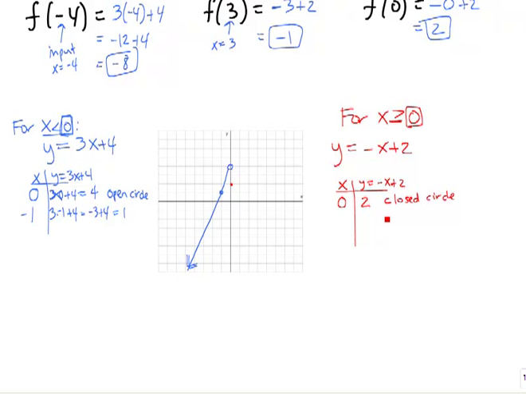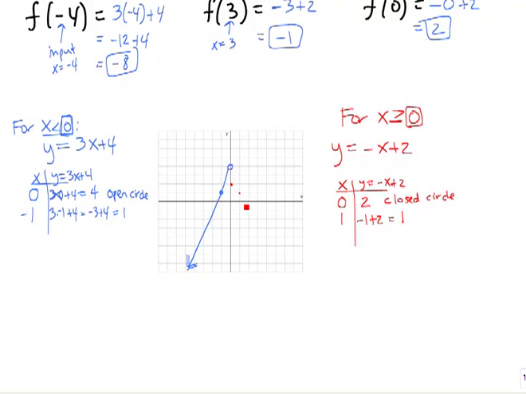Now for a second point, so that I can graph the rest of my line, we want to make sure that in our table we're only picking x's that are greater than or equal to 0. So this time I want to make sure I pick an x that's bigger than 0, like 1. And if we plug in 1, we're going to get -1 plus 2. -1 plus 2 is 1, so we can also plot the point 1, 1, which would be right here.